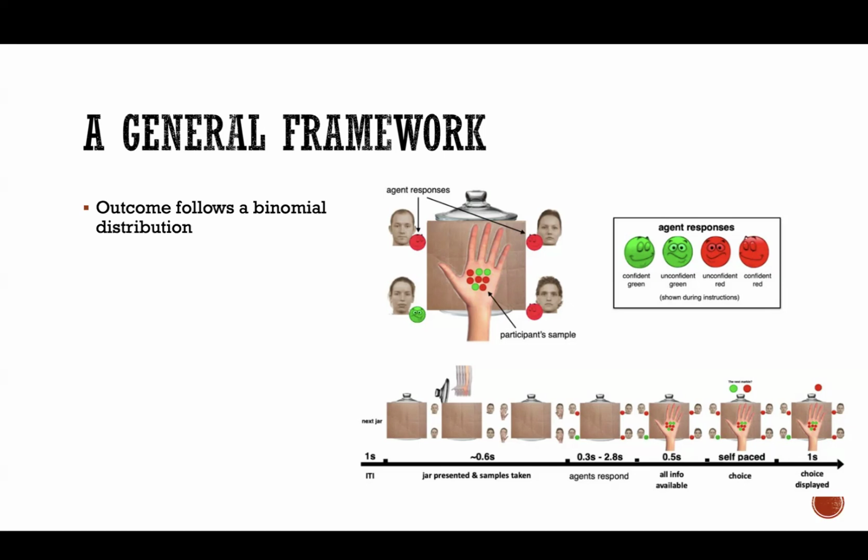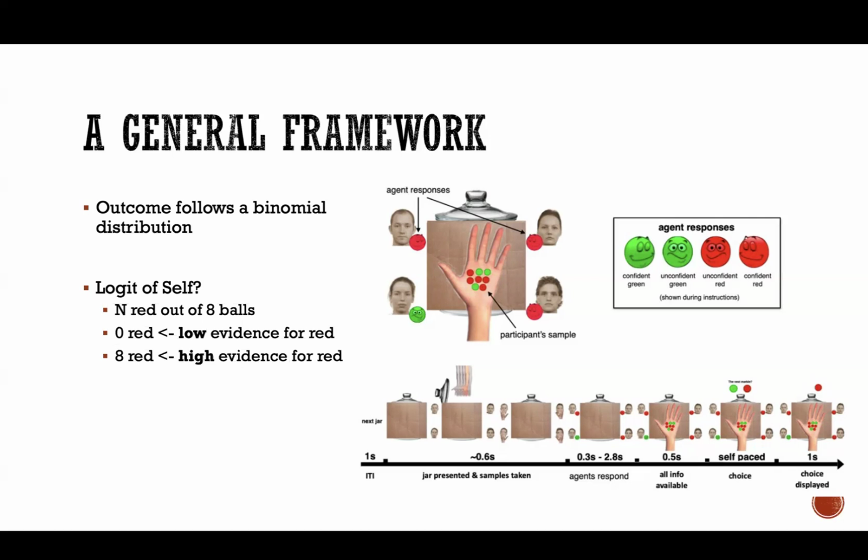So we have that the outcome follows a binomial distribution. We can model it using the log odds. So for instance, we could take the sampling, and say that n red marbles out of 8, with 0 red should be low evidence for red, 8 red should be high evidence for red.